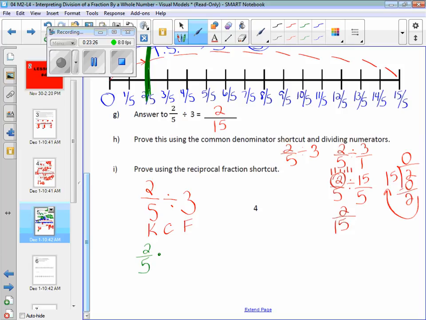I change my operation to multiplication. And instead of 3/1, it becomes 1/3. Now I multiply across. 2 times 1 is 2. 5 times 3 is 15. Check. Do you see it? Perfect.